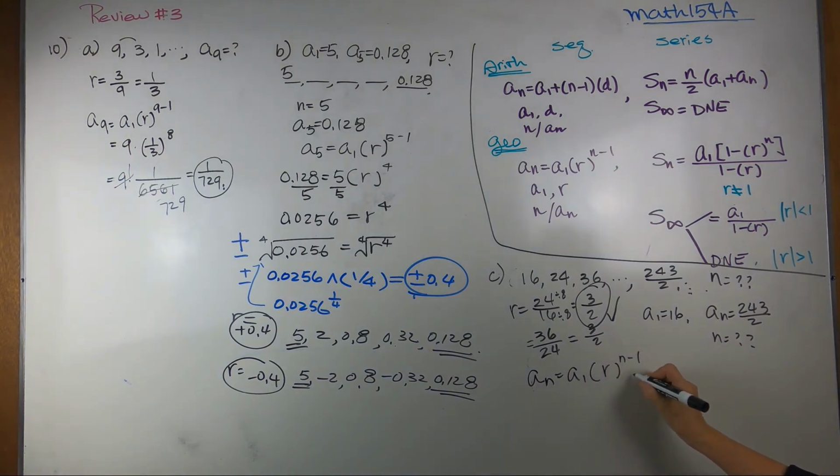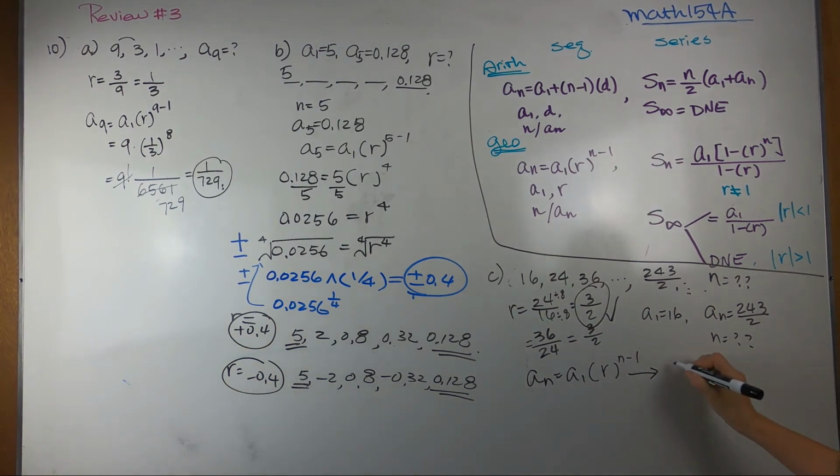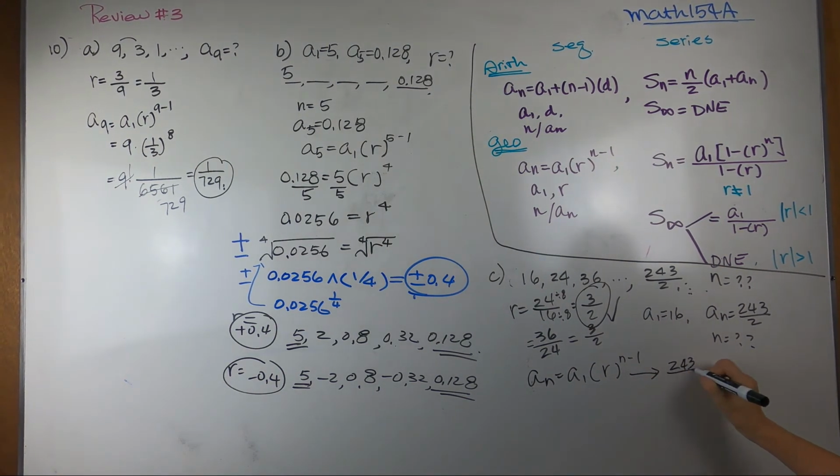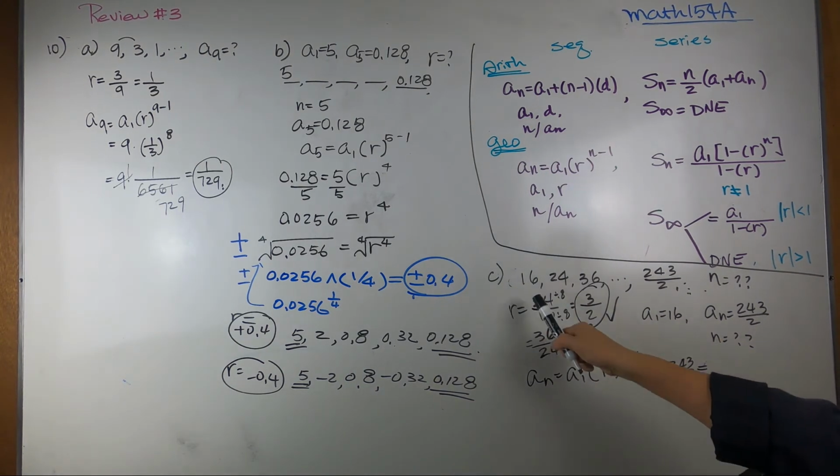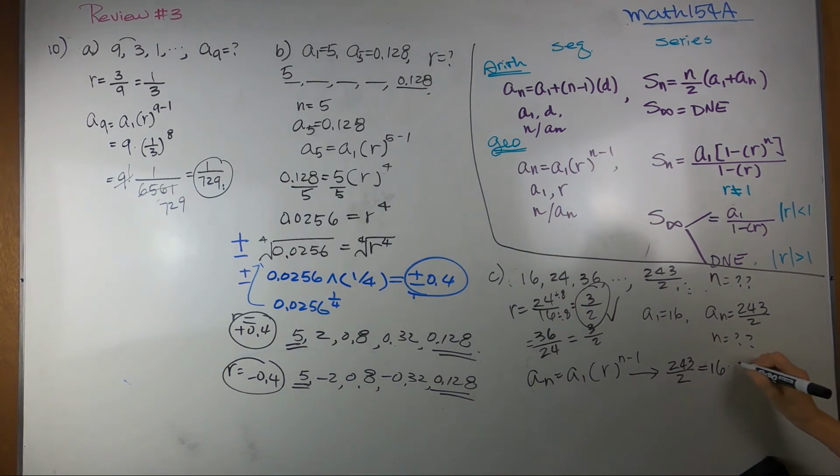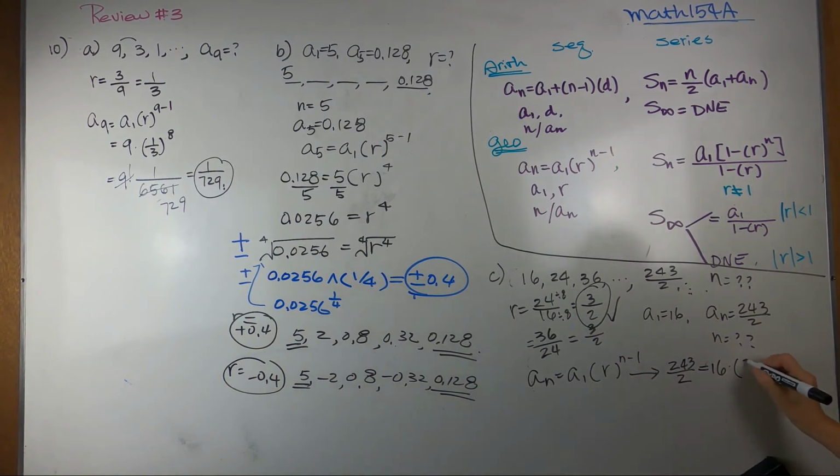So if we do that, AN is 243 over 2, R is 3/2, right? AN equals A1, 16, times R. Do we know the R? Yes, 3/2. N, do we know the N? We don't. So it's n minus 1. Right? How do you solve that?